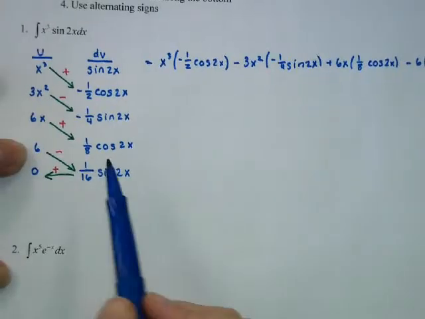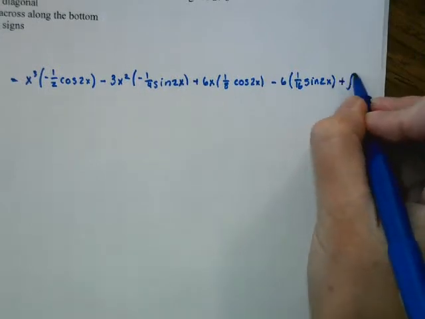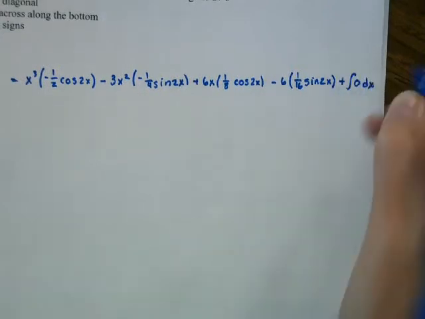And then the last one, 0 times this is 0. So we integrate across the bottom, so it's going to be plus the integral of 0 dx.